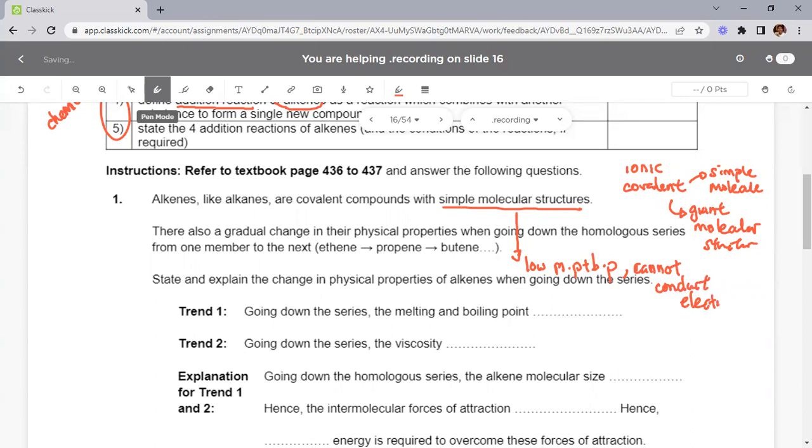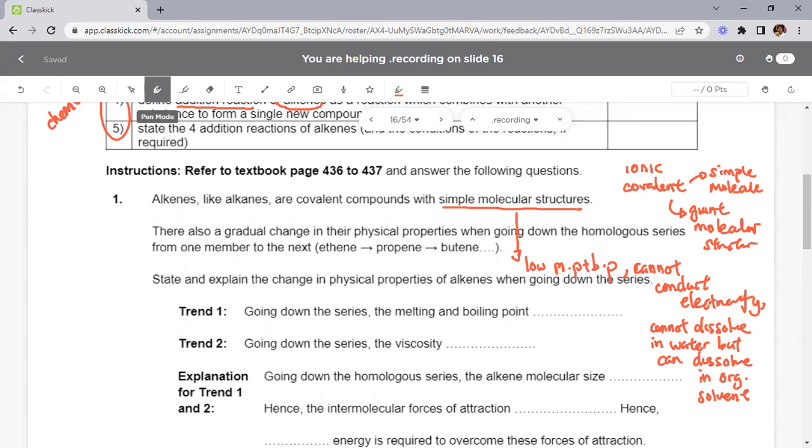Plus, we also know that they cannot dissolve in water, but can dissolve in organic solvent. These are the 3 physical properties that we learn in covalent bonding about simple molecular structures.